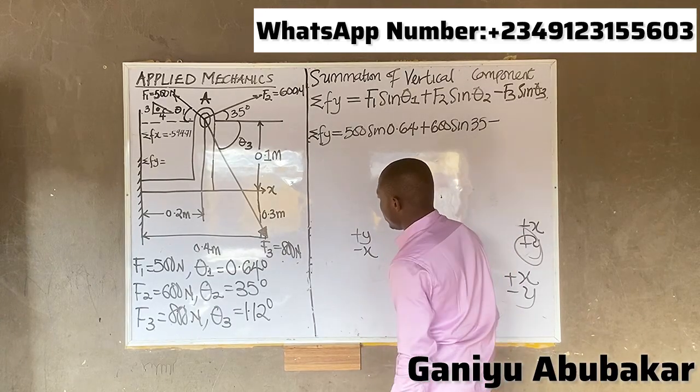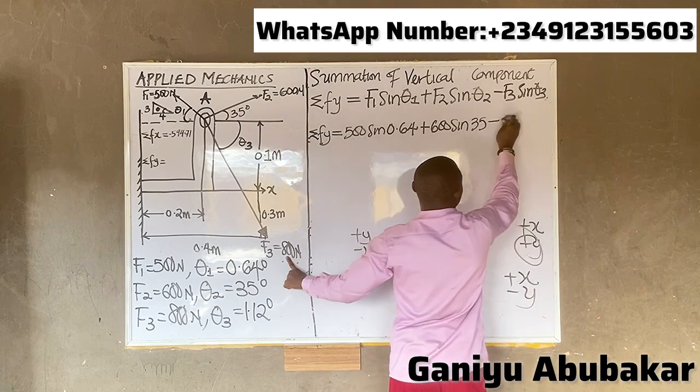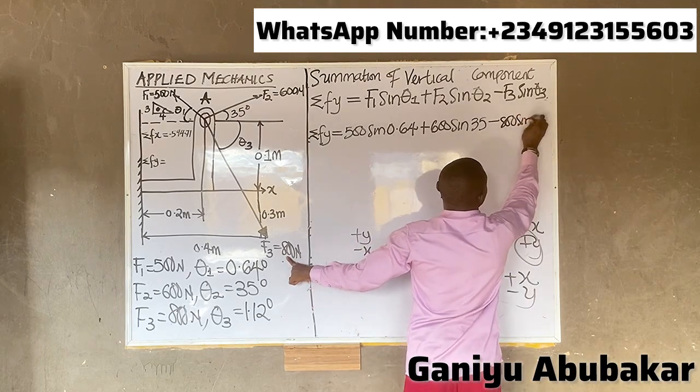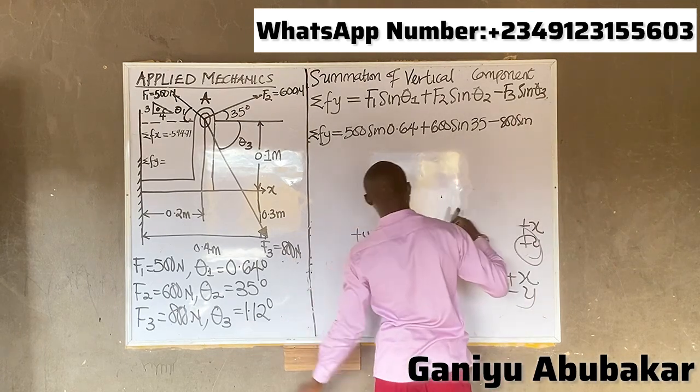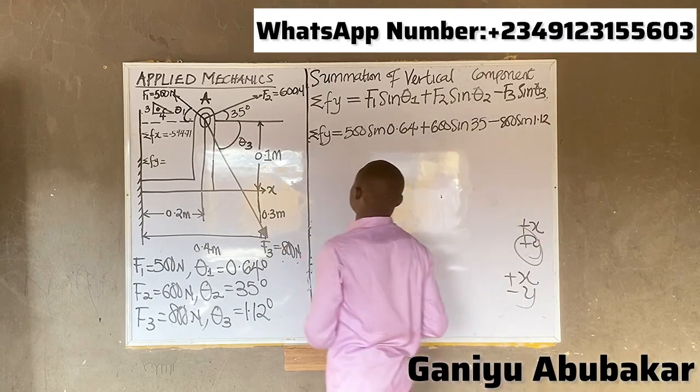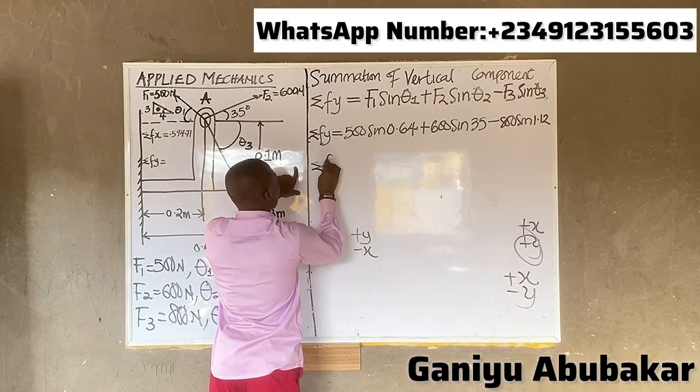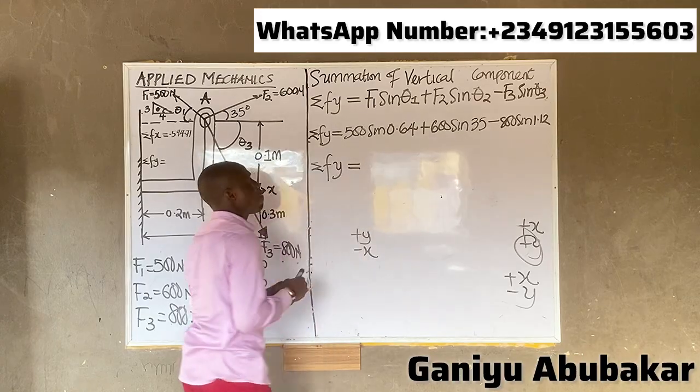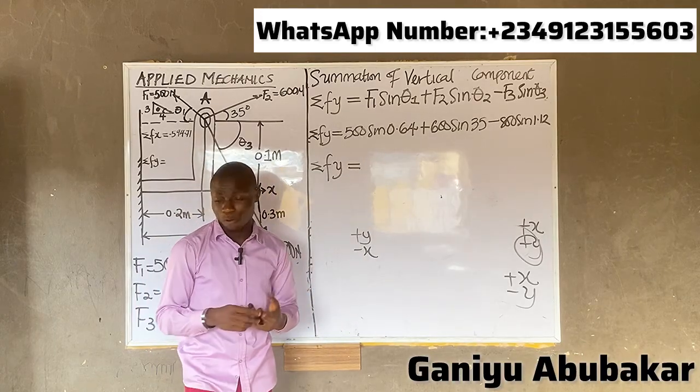What's F3? That's 800, 800 sine theta 3, which is of course 1.12. Let me punch this, and we'll get summation of F of y equal to 500 sine 0.64.